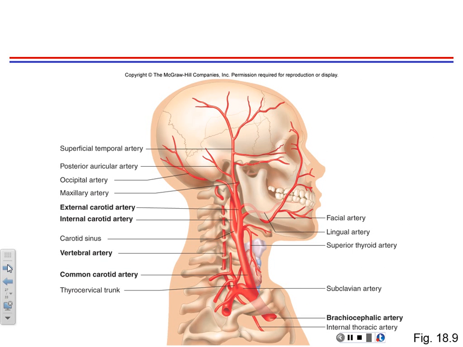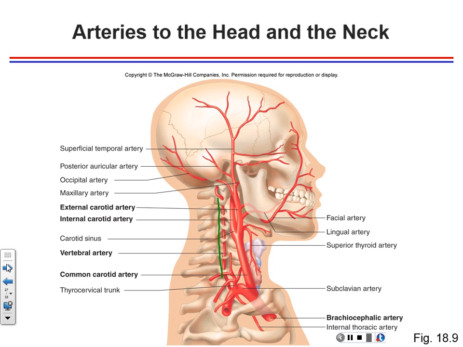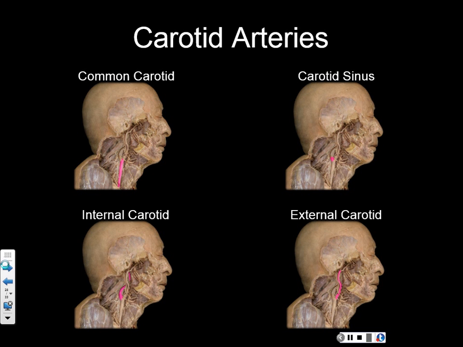Okay, so you see that vertebral coming from the subclavian, going through the vertebral foramen. You see that? And then it will meet under the brain. So I just wanted to show you that. And here you can see the internal carotid.